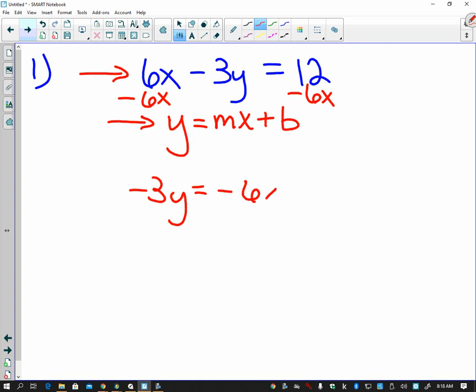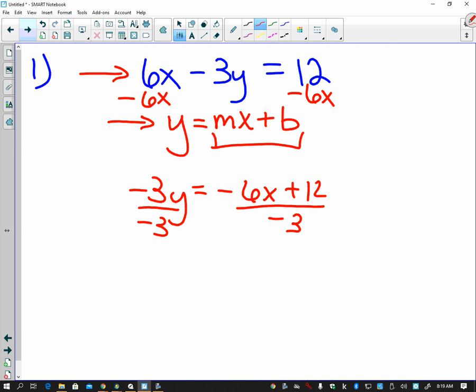Negative 6x plus 12. I think I heard somebody say 12 minus 6x, but remember, we want it to be in this order, right? Okay, so I want my coefficient with the x value to be listed first. What's the next thing that needs to happen here? Divide by negative 3 on each side. Now, I did that. I divided the entire right-hand side by negative 3.